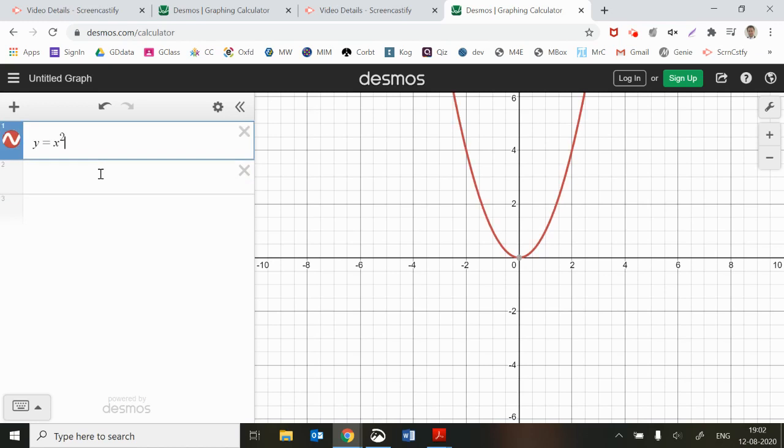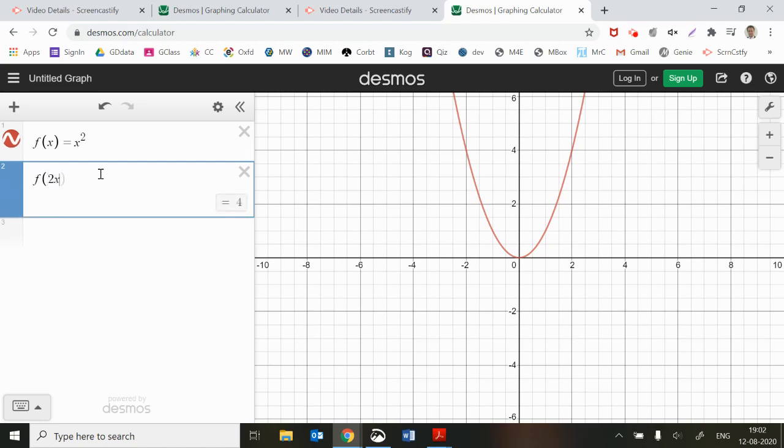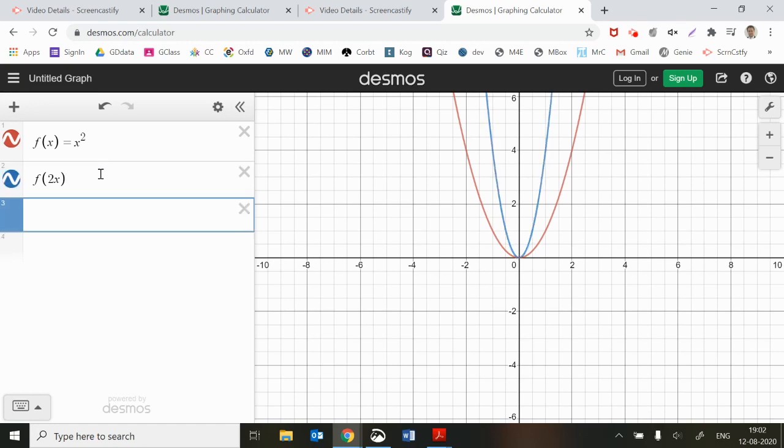Now, if I call that f of x there, and I say f of 2x here, that just looks like a vertical stretch. It doesn't look like a horizontal stretch, but it is a horizontal stretch. It's just that it's also a vertical stretch. Because, of course, if we put in 2x into that function, we're going to get out 2x all squared, which gives us 4x squared, which is the same thing.